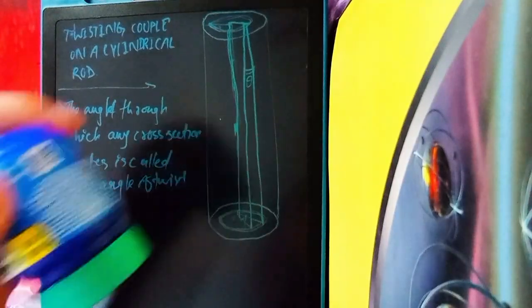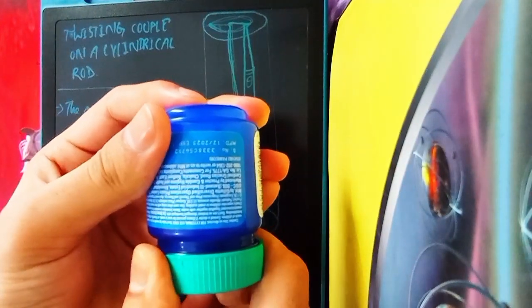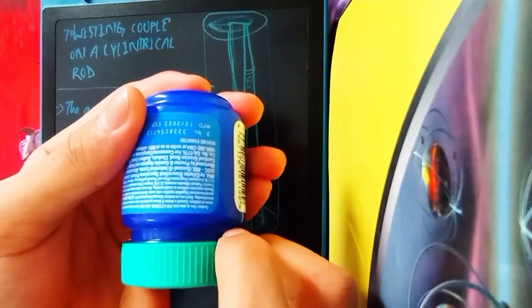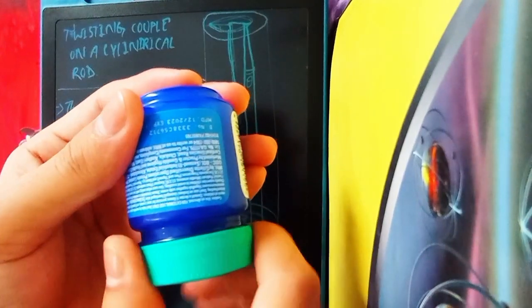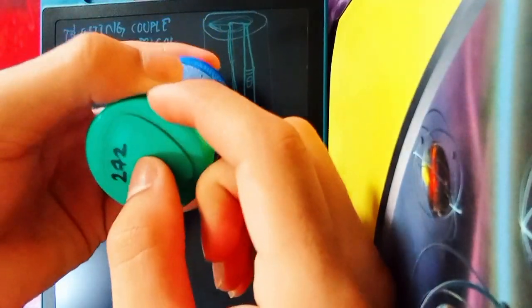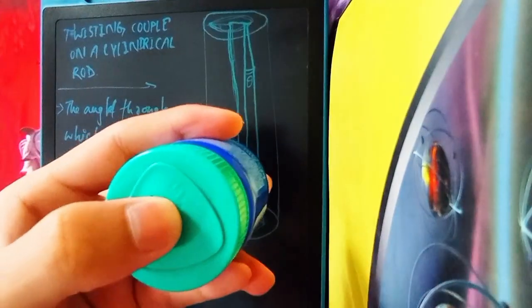Now if you imagine this is a rod, and when we twist it in an anti-clockwise direction here, this thing will make an angle.